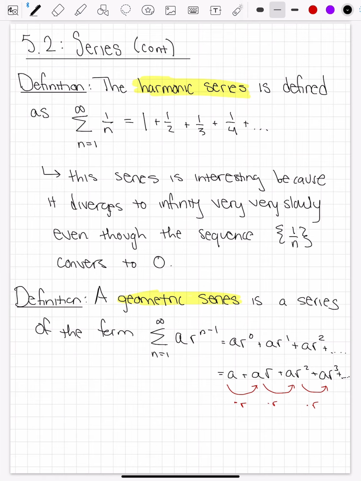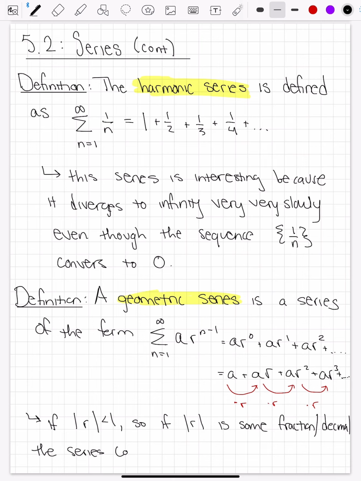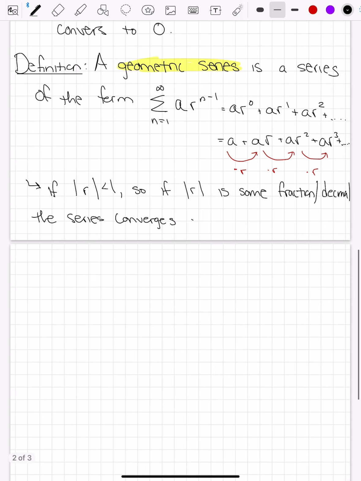Right, so the interesting thing about this is that if the absolute value of r is less than 1, so if the absolute value of r is some fraction or decimal, the series converges, and we have a formula for its sum.